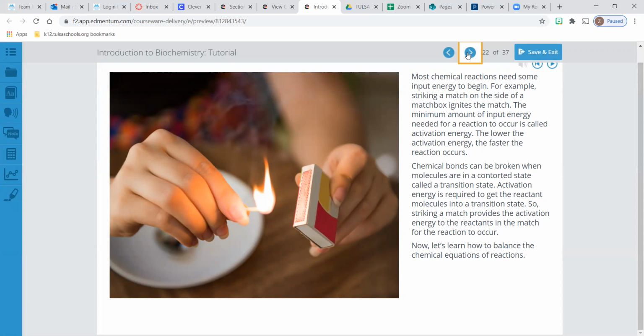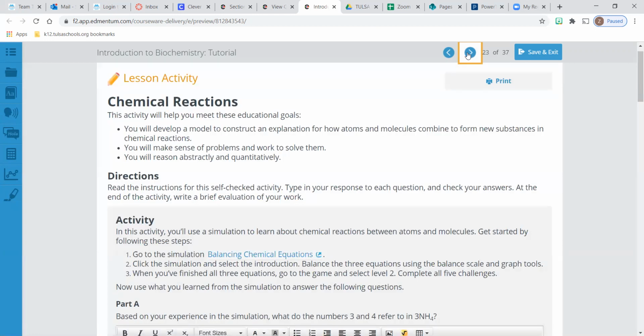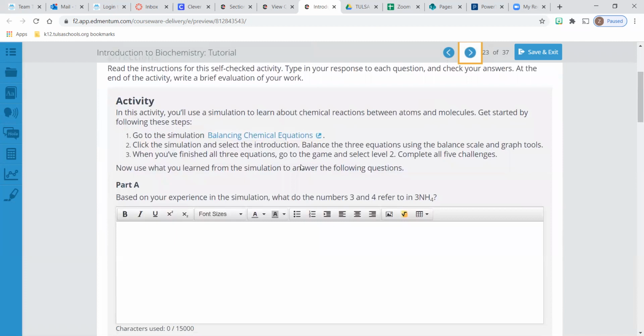Okay? And now we're going to look at some equations and how balancing equations fit into this picture. So you'll have a simulation to go to.